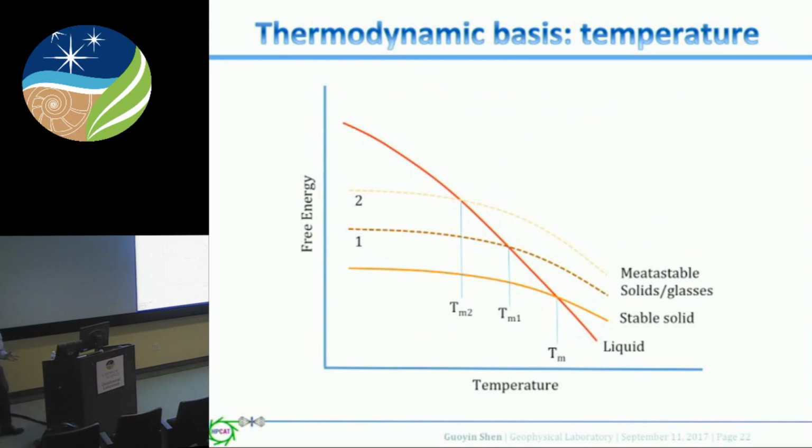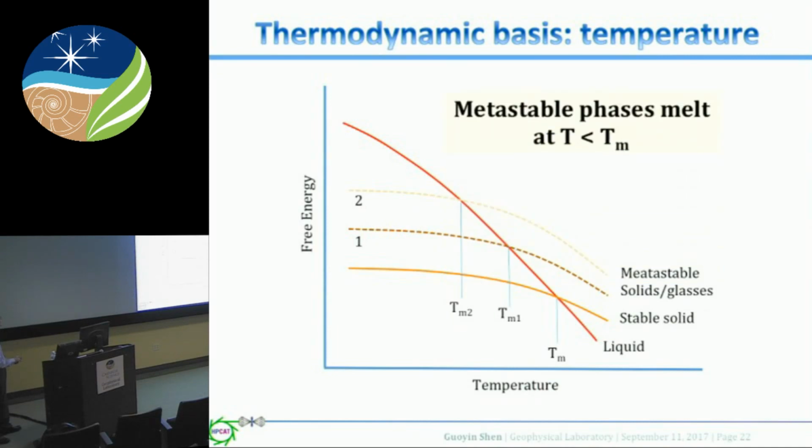So I'll spend the next few minutes discussing my understanding of the origin of this metastable melting. Thermodynamically, let's say this is the stable solid, this is the liquid, and then we have metastable solids or gases up there, from the energy-temperature point of view. And of course, this is melting for the stable solid. For metastable phases, when the curve crosses the liquid, it will appear at lower temperatures.